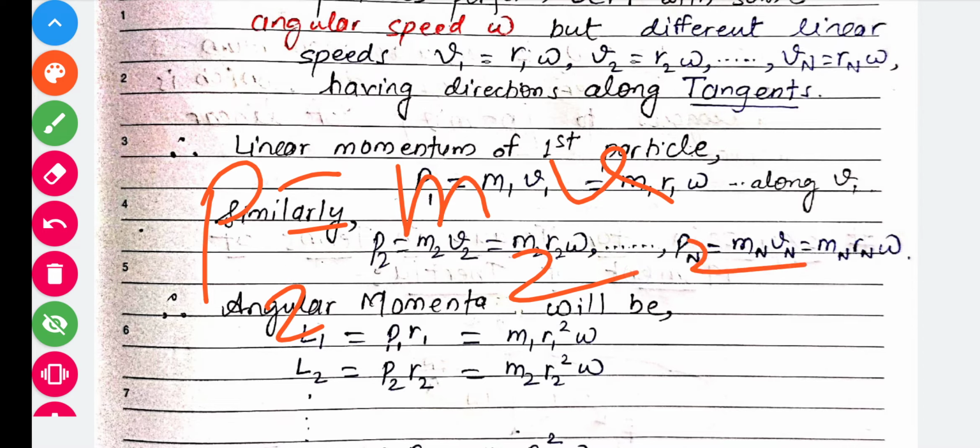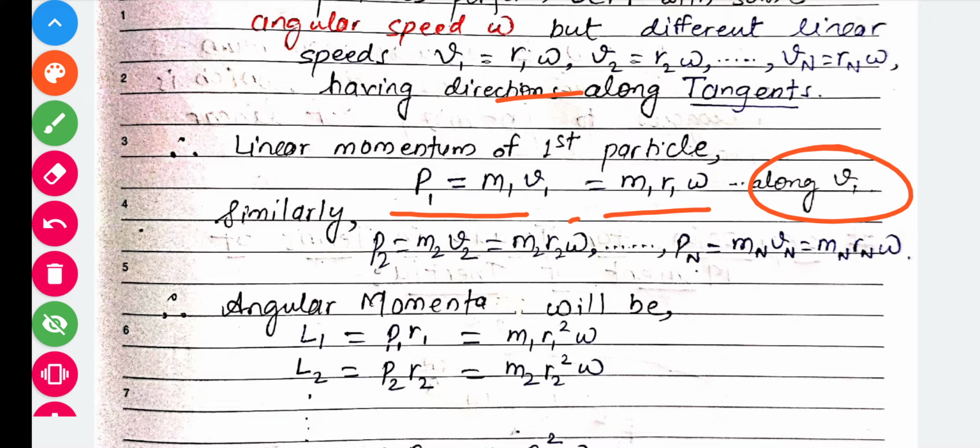So for the first particle, P1 = M1 V1. In place of V1, I can write M1 R1 omega, which is along the linear speed. So the direction of momentum is along the linear speed.